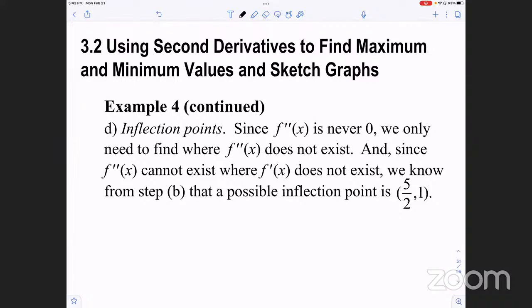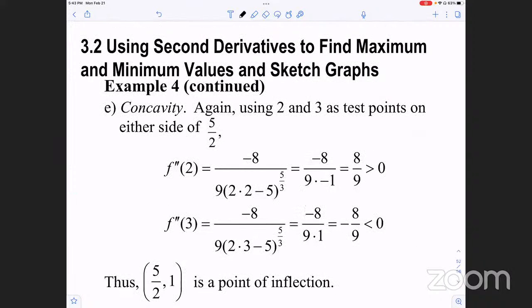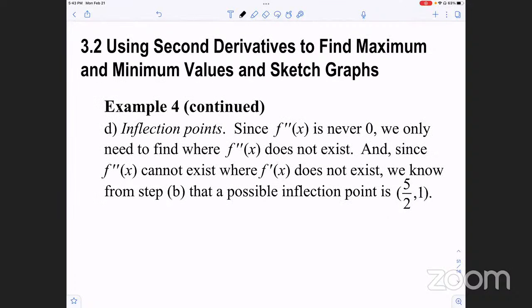So the point of inflection is where the second derivative is 0 or undefined. Let's go back really quickly.